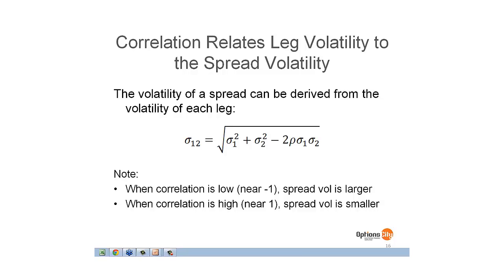So that basically suggests that your spread volatility is going to be smaller when things are moving in tandem, and when things move less in tandem, then the vol isn't going to collapse upon itself. One vol from one contract and the vol from the other contract will actually accumulate instead of cancel out. And that would be when you have low correlation.